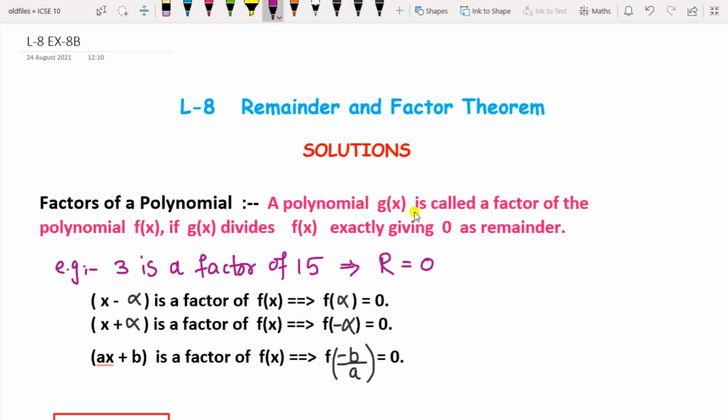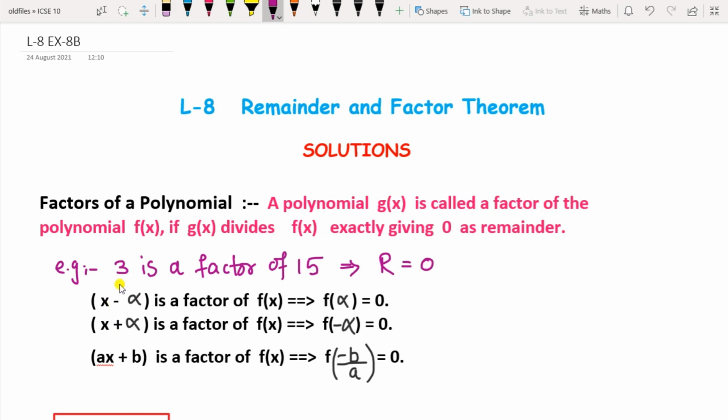A polynomial g(x) is called a factor of the polynomial f(x) if g(x) divides f(x) exactly, giving 0 as the remainder. That means, for example, 3 is a factor of 15, as we get the remainder equal to 0.